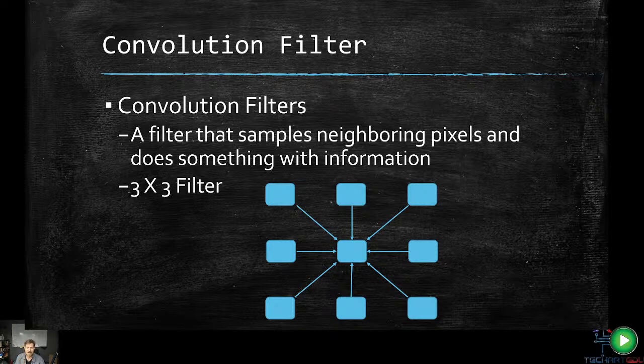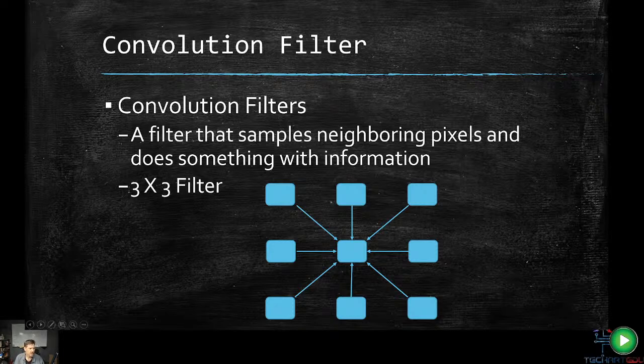That center pixel averages or does some kind of mathematical operation on all the pixels surrounding it, and the result is applied to the color value of that pixel.